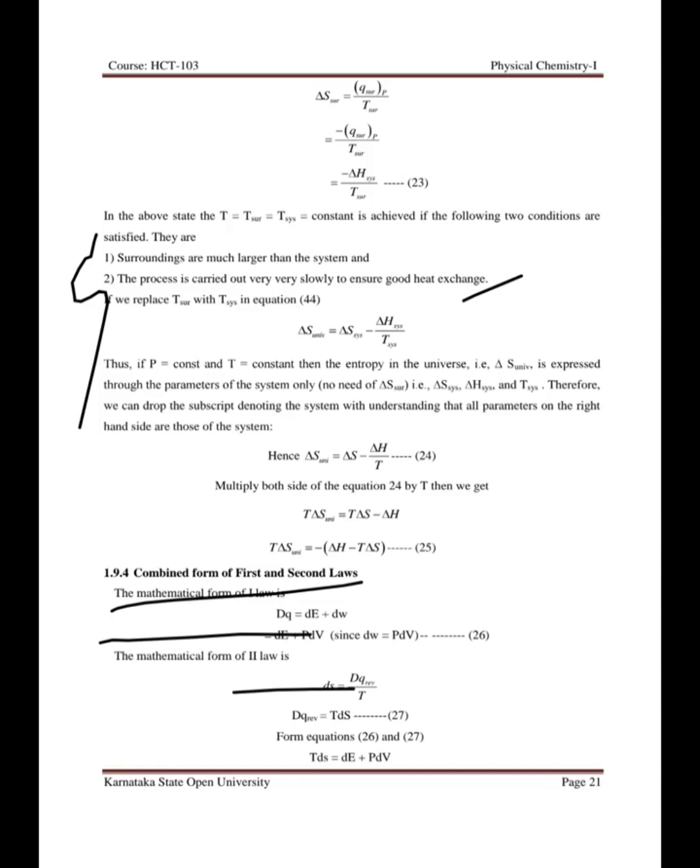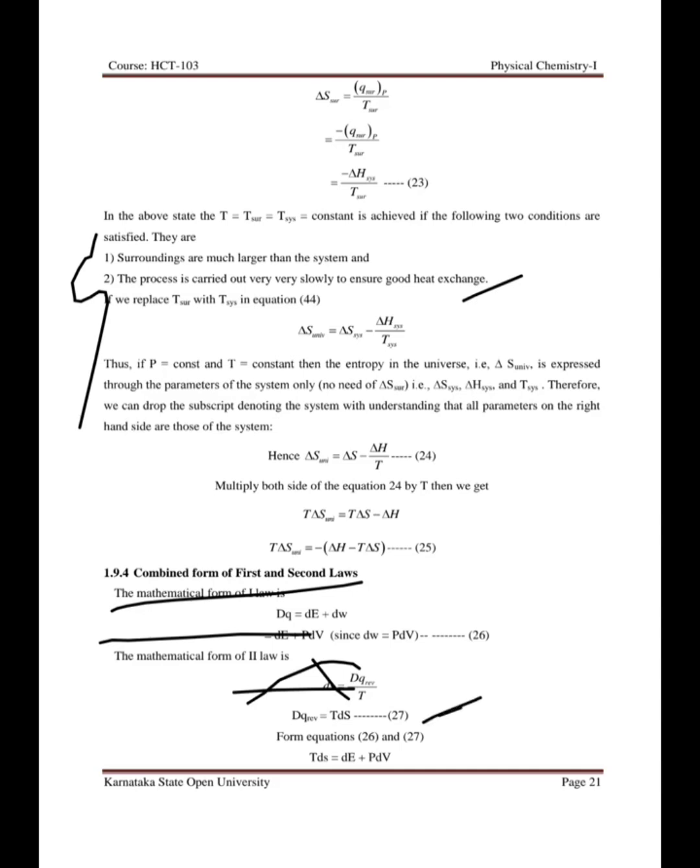So it can be written in the form where dq is taken on the left hand side, T into delta S. So that is the equation 27. That is nothing but the mathematical form of the second law of thermodynamics.